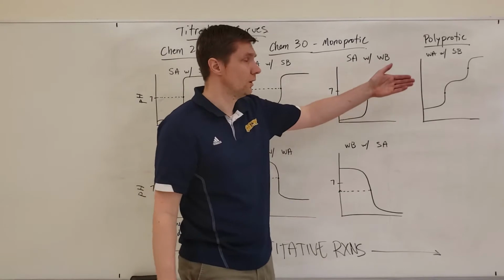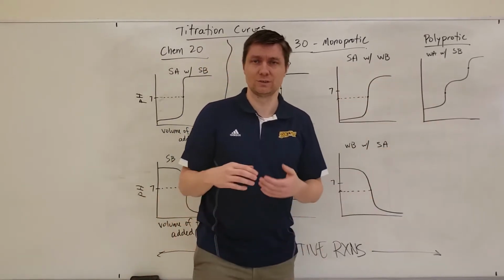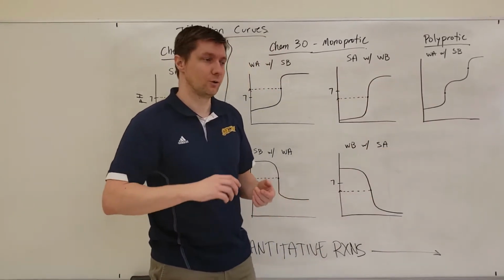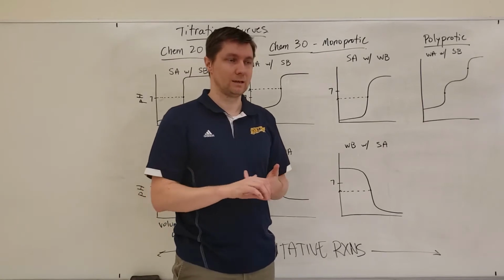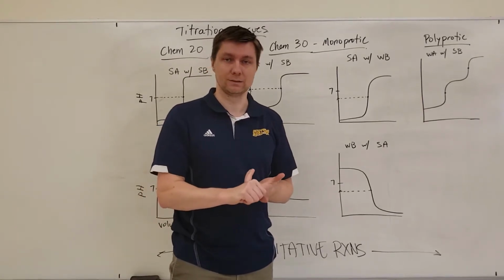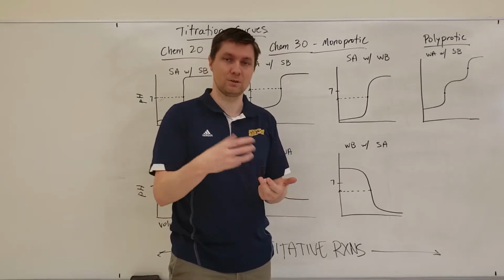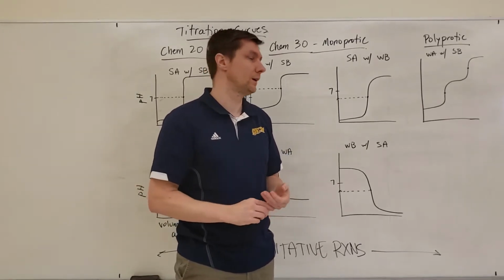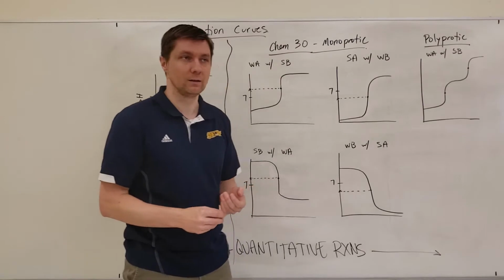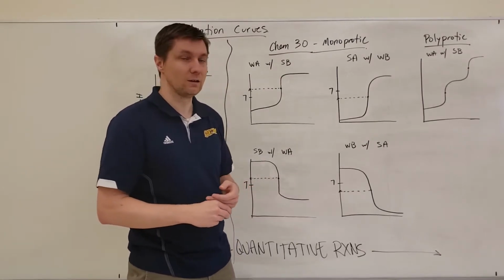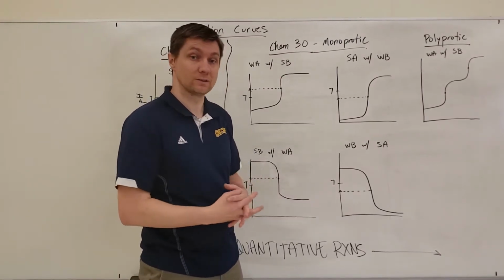Finally, we can do a titration with substances that are polyprotic. So something like the carbonate ion, CO3 2-, is considered to be polyprotic because it can accept 2 protons onto it. And because of that, we're going to get 2 equivalence points from that.